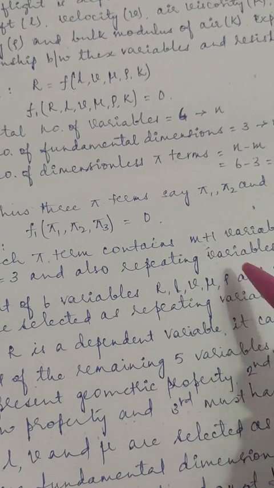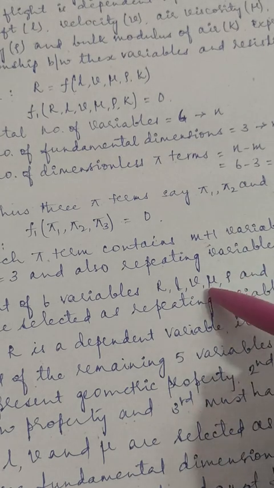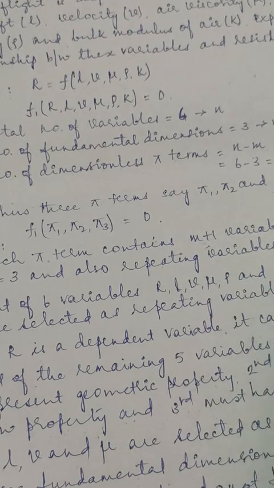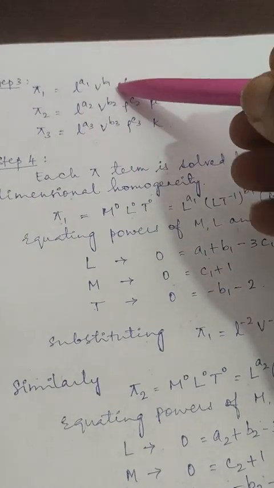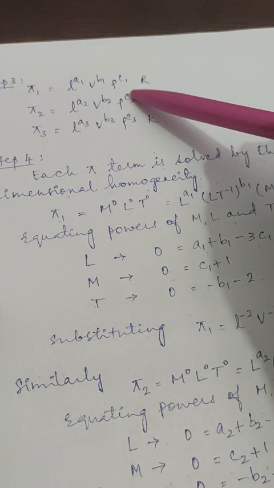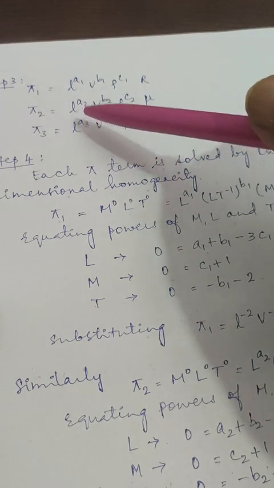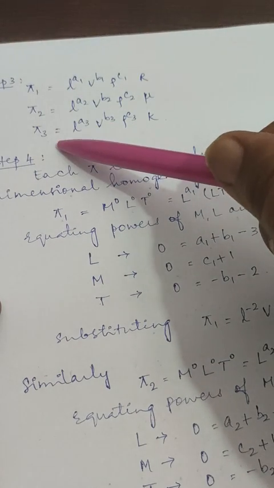Any one among these 3 can be taken as the fluid property, so either mu or rho or K. Here we are writing density, that is rho. So L, V, and rho are the 3 repeating variables. They are repeated in all the pi terms.